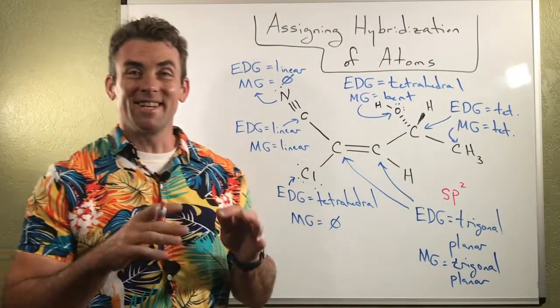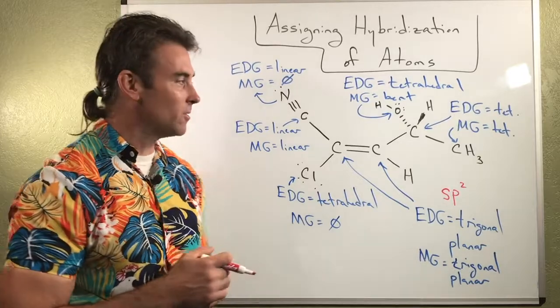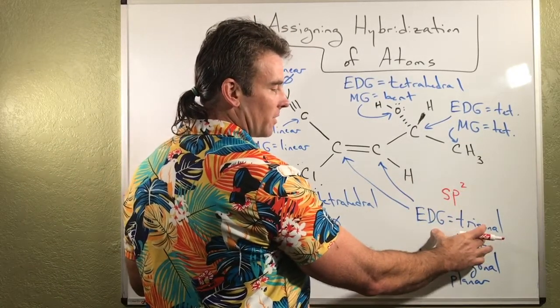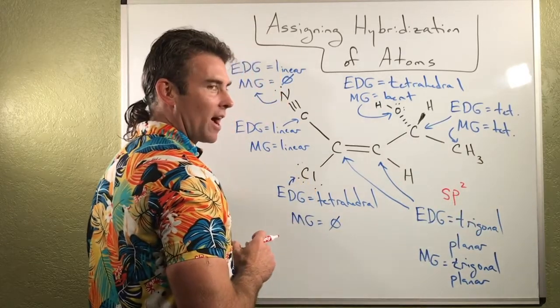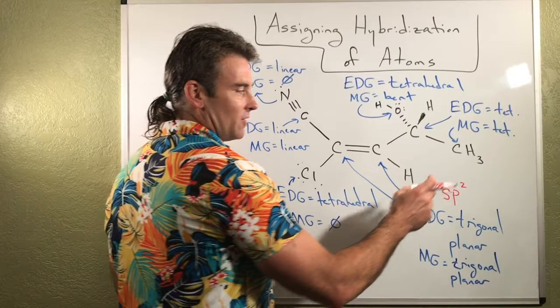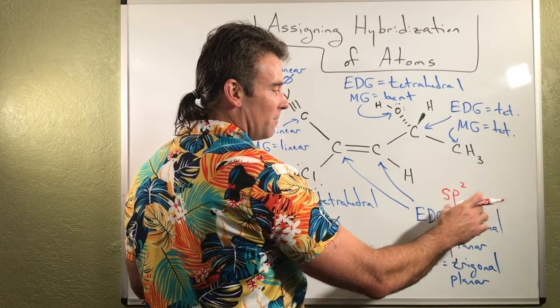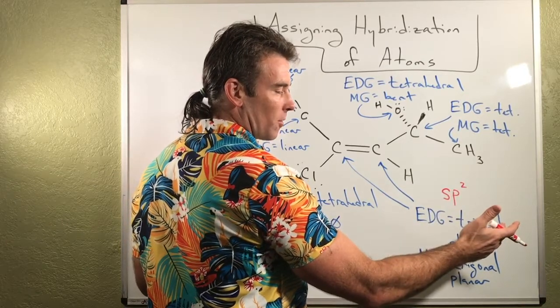Those are all going to mix together according to some of the rules that you're going to see in a couple of the theory videos. But the important thing to recognize is that if you have a trigonal planar geometry, automatically that thing is an sp2 hybrid, right? And so, as you'll see in the theory video, if I hybridize an s and 2 p's, that leaves 1 p orbital left over.